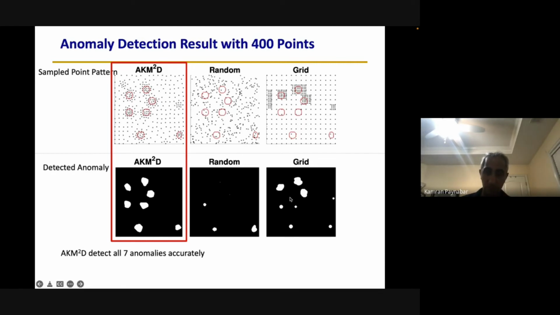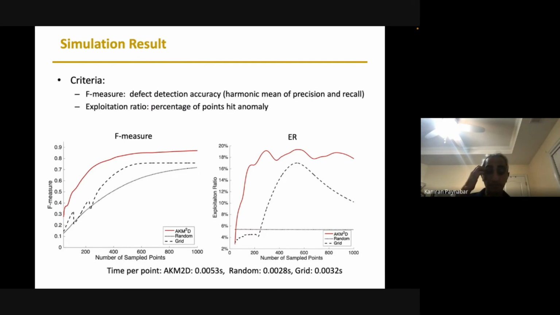False negative is when there is an anomaly, for example here, and we cannot detect it. If you combine these two measures, you can calculate precision and recall, and the harmonic mean of that is called the F measure. The higher, the better.